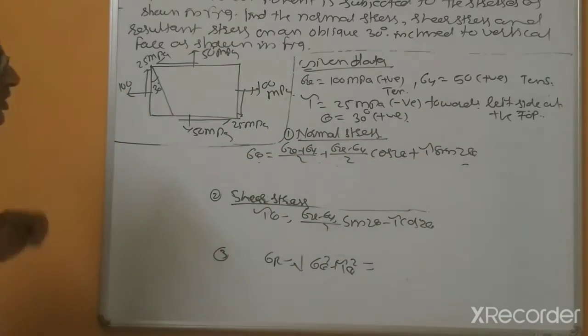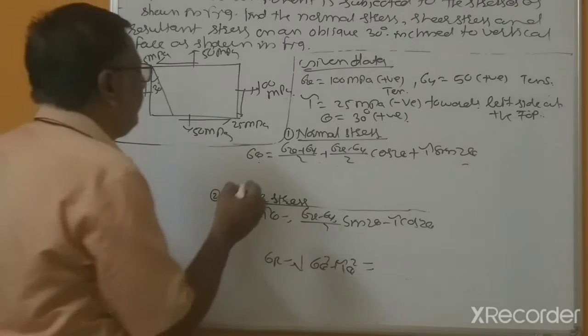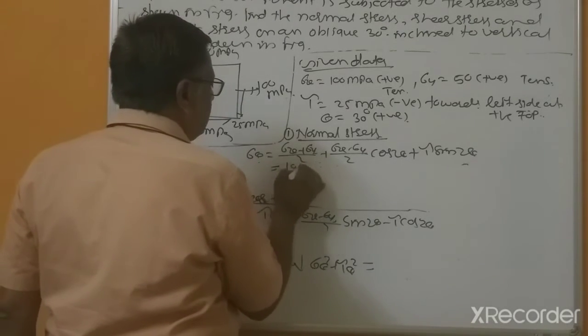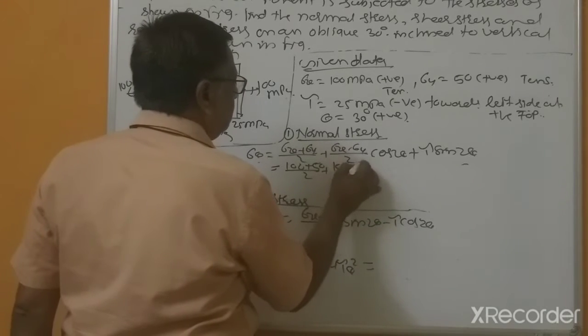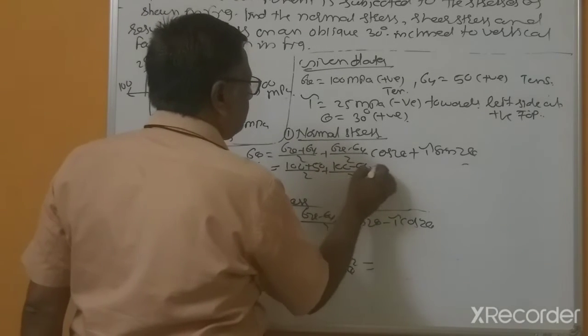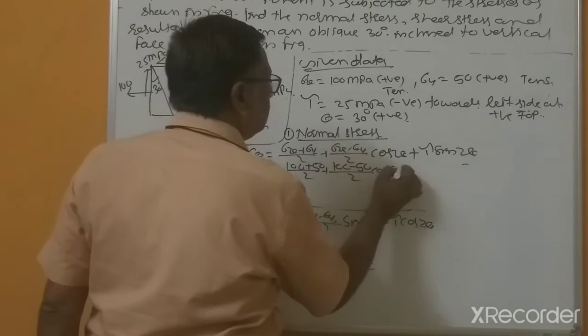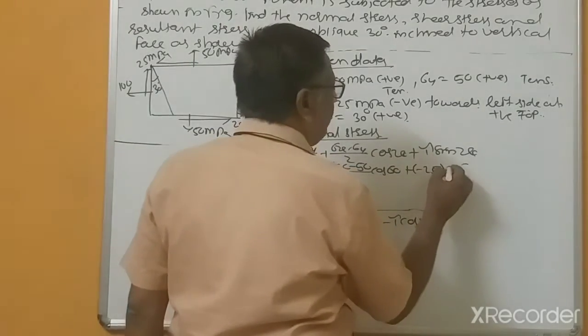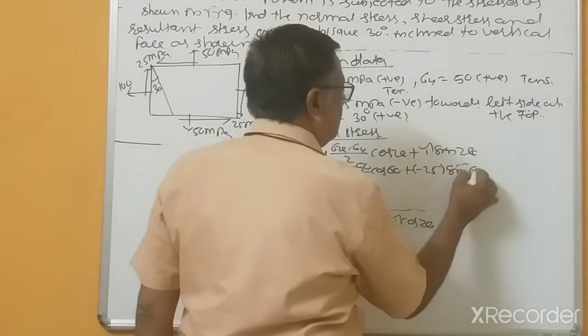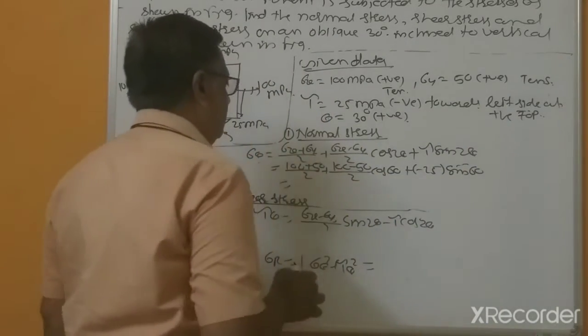The rest of the things remain the same. So we can put minus sin 60 degrees.